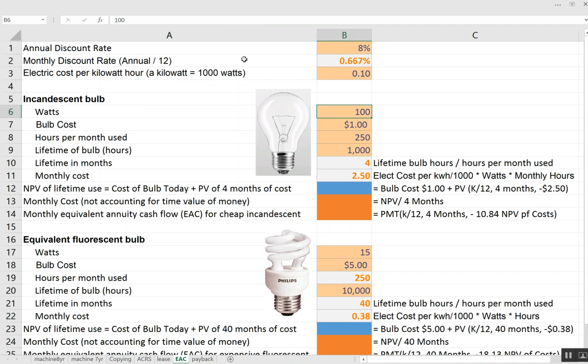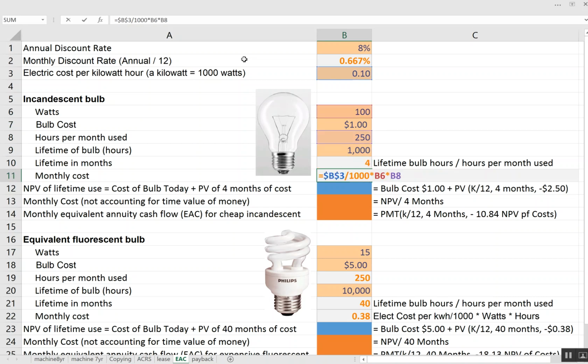Now our traditional light bulb has 100 watts, cost about $1. If we use it for 250 hours a month, about 8 hours a day, those light bulbs are rated to last 1,000 hours. So 1,000 hours over 250 hours per month, it's going to last about 4 months.